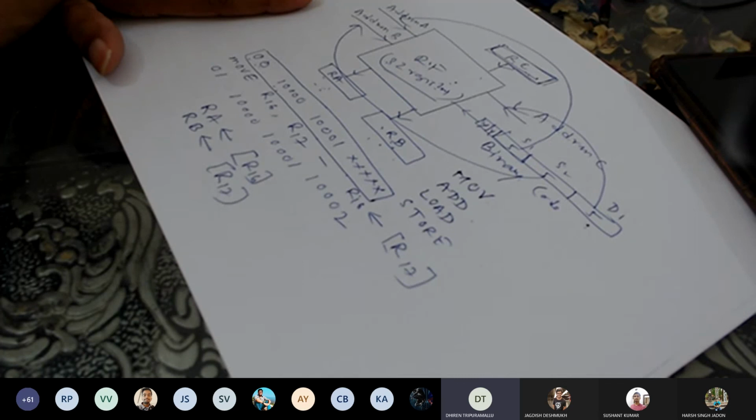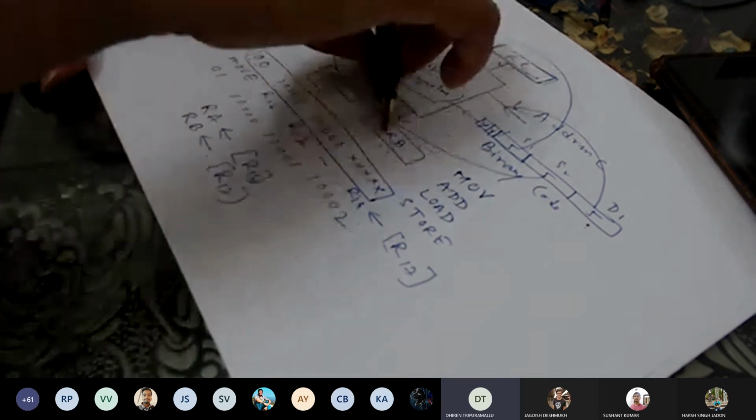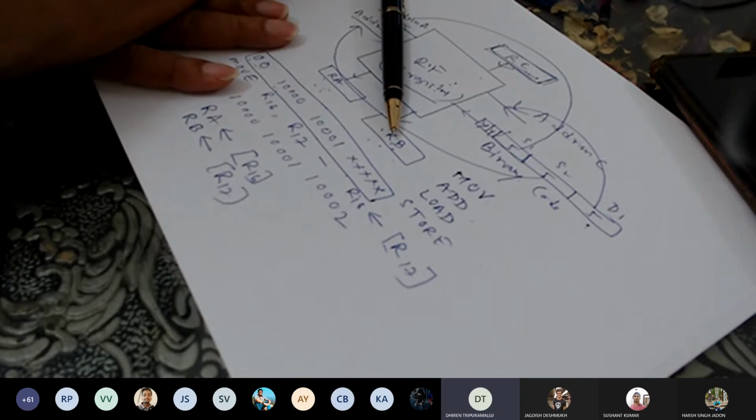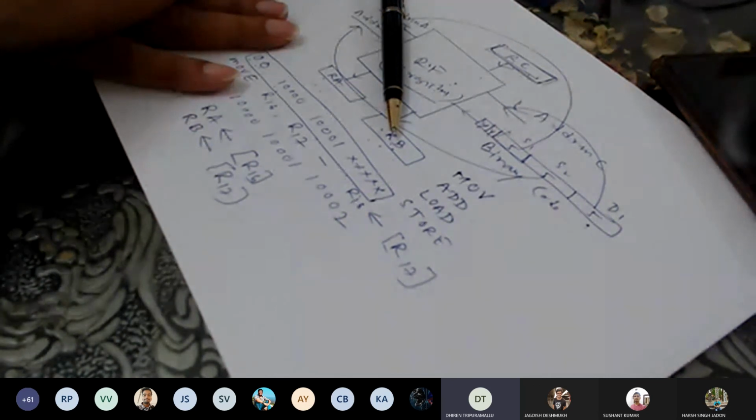Directly. No, where to load the data means, are you talking about the instruction data or data for calculation? Data for calculation. The address is already going from the arithmetic logic unit.